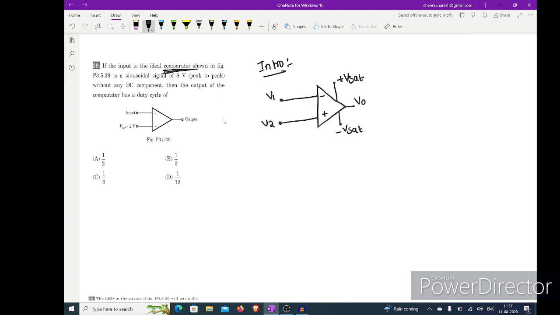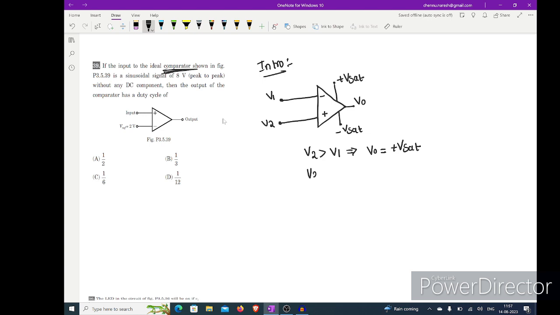The OPAMP can work in open loop like this: when V2 is greater than V1, the output V naught equals plus Vsat, where V2 is connected at the non-inverting terminal. So if you give an input more than the inverting input at the non-inverting terminal, we will get the output as plus Vsat.